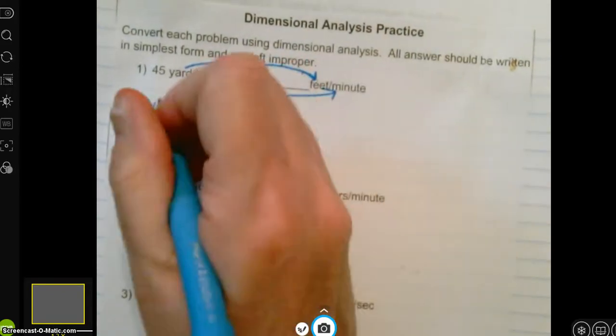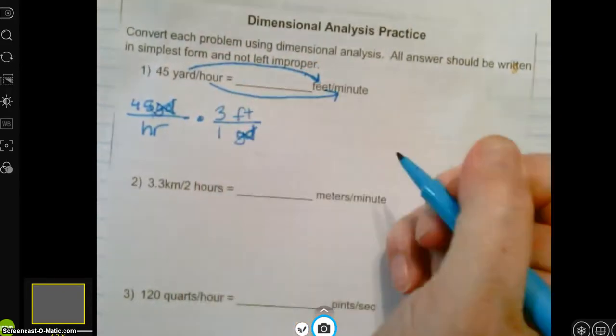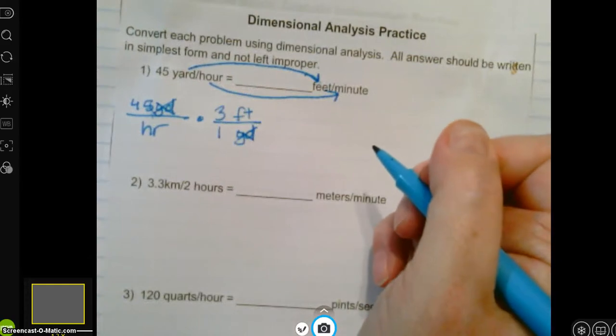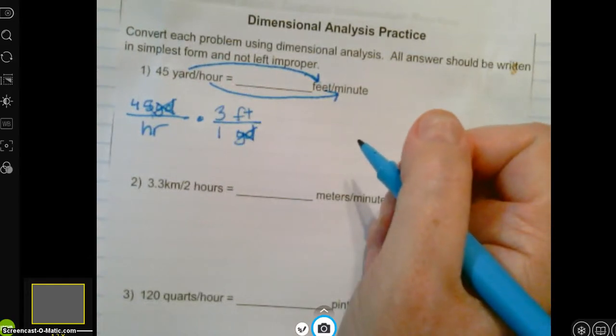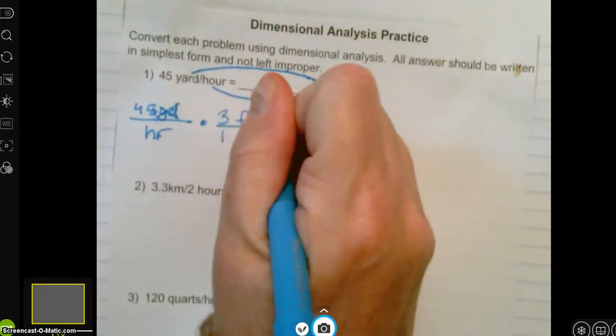Okay? And you remember every time we put a line, we do cross, cross. Okay? Because our purpose is to get rid of the units we do not want and be left with the units we want. So now you can tell we have feet per hour. I want feet per minute, so we're halfway there. So because we're not there yet, I'm going to go on and draw another line because I want to get rid of hours and change it to minutes.